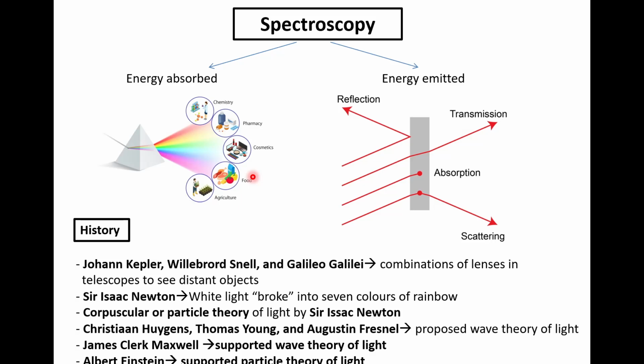But one of the finest works that Albert Einstein did, for which he got the Nobel Prize, is the photoelectric effect, where he showed that light has a particle nature. So ultimately, it was clear that light has both a particle as well as a wave-like nature.